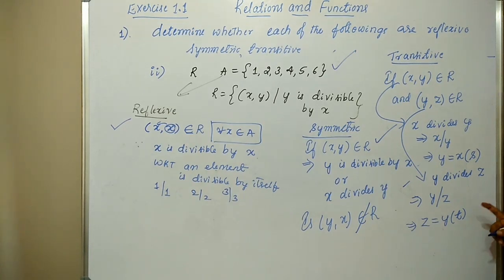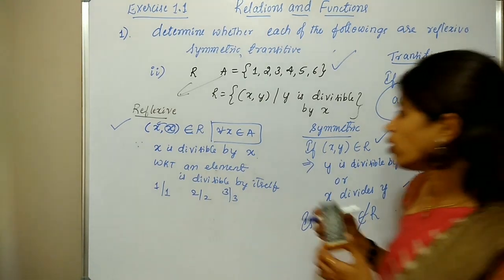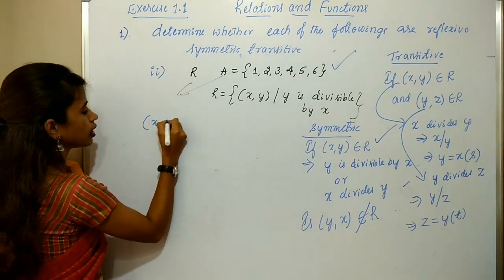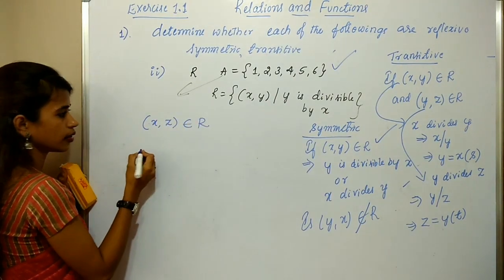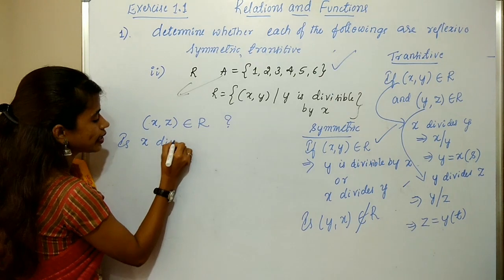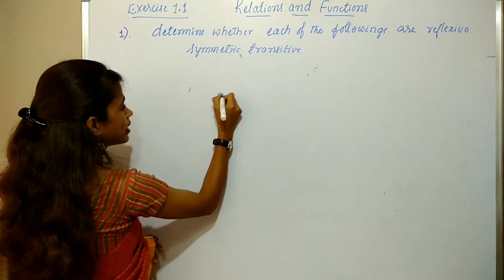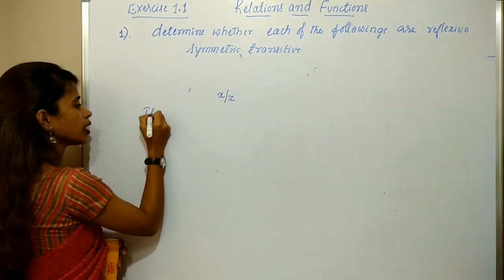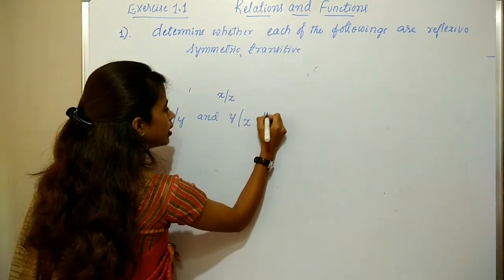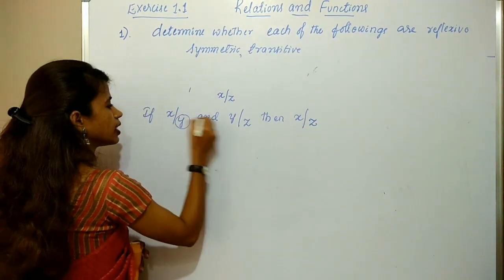Is it okay? So now we check for (x, z). Is (x, z) belonging to R? That is, x divides z. To understand why: if x divides y and y divides z, then x divides z. Here y is common.